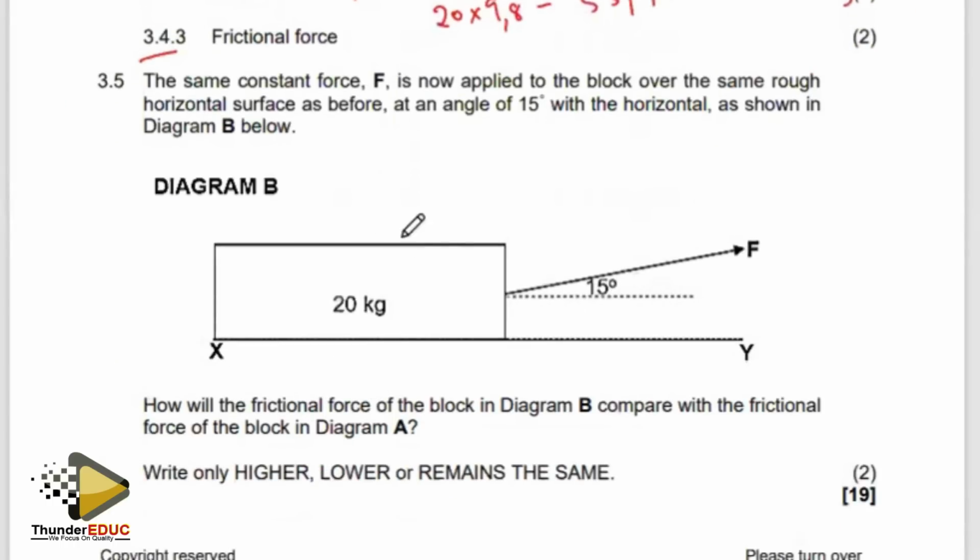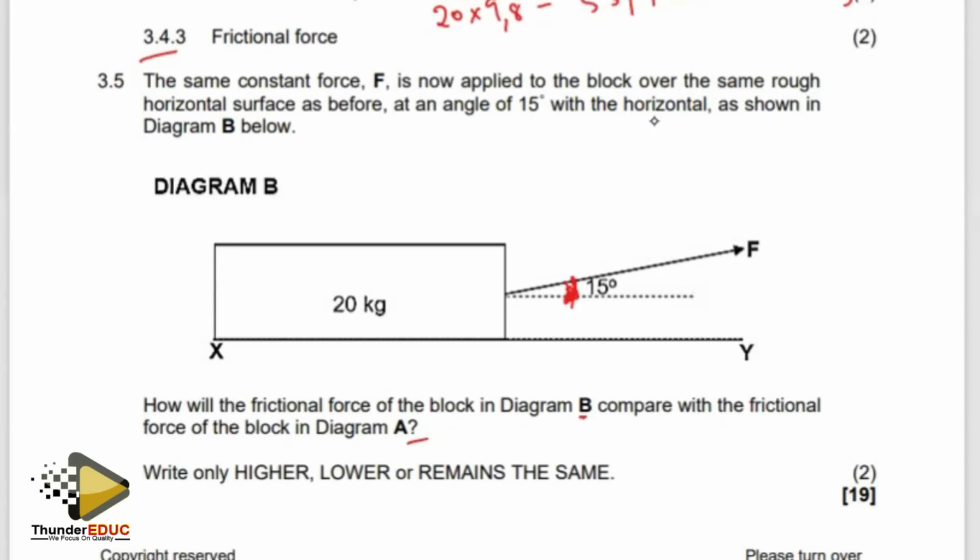Then 0.5, they're telling us that the same constant force F is now applied to a block over the same rough surface, but the angle is now reduced to just 15. How would the frictional force in diagram B compare to that in diagram A? So they don't want an explanation, but in this case, for as long as the angle of inclination is smaller, the frictional force is going to be bigger.